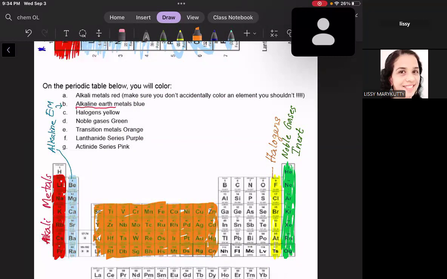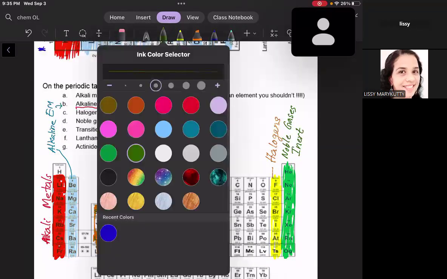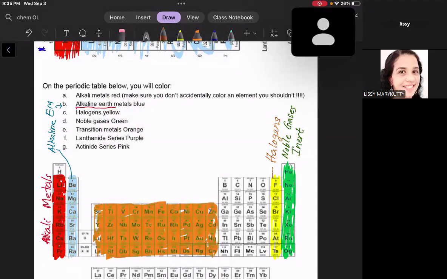Okay, they are called transition metals. They are called transition metals because they are showing a transition of behavior from metals to nonmetals. Okay.